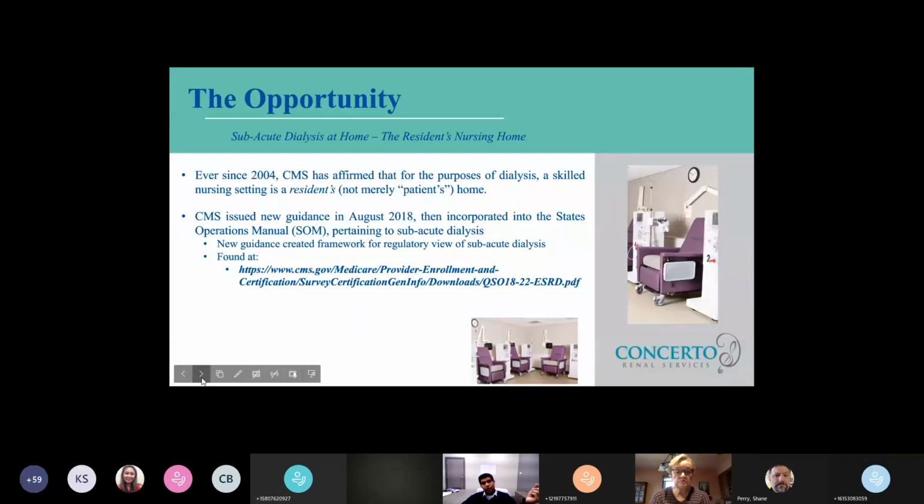In 2004, CMS, the Centers for Medicare and Medicaid Services, which puts out most of the regulatory framework for dialysis, said that for the purpose of dialysis, any skilled nursing setting where the resident lives is considered the resident's home. So any dialysis that happens in the skilled nursing facility is called home dialysis, versus in-center dialysis, which most patients do outside of the SNF.